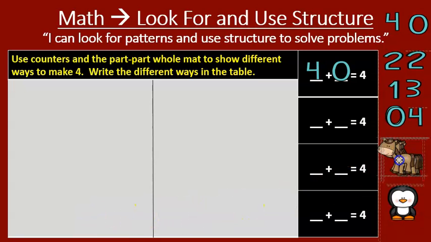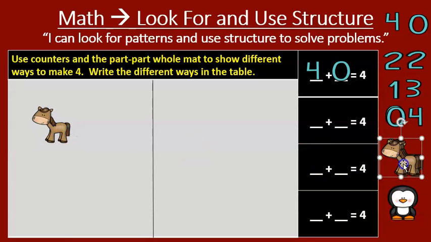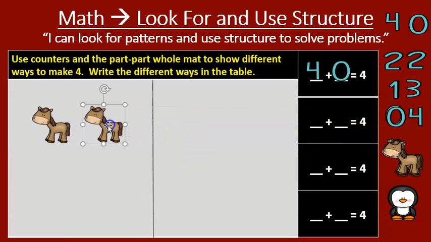So let's do this. Let's put 1, 2. Let's put 2 horses there, okay? 1, 2. Now watch. I'm going to put 2 here because I know there are 2 horses there. We're going to start from 2, and then we're going to count this way until we get to 4, okay? With our penguins.